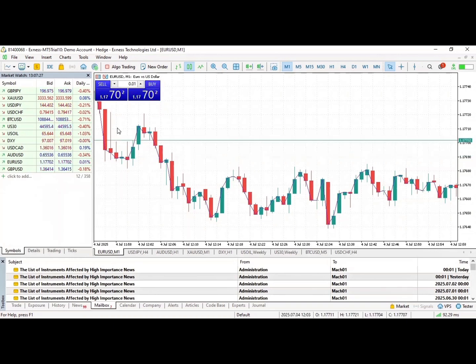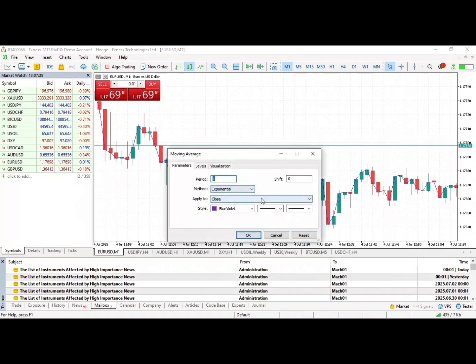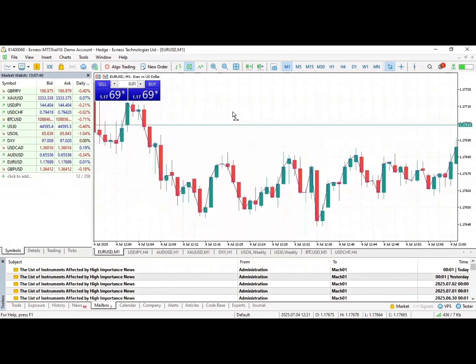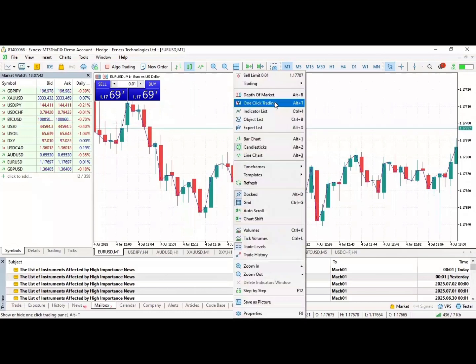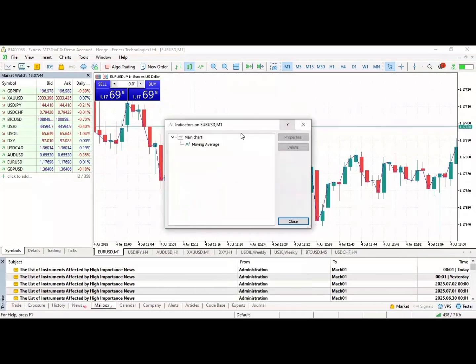These are candlesticks, okay, the red and blue. Let me remove this line because this is what I use. Where is it? Indicator list. Yeah, there.